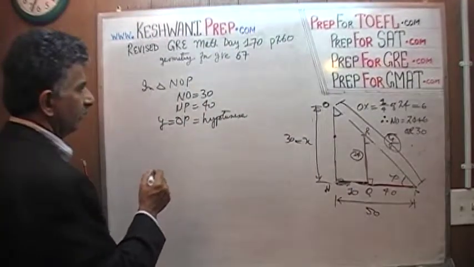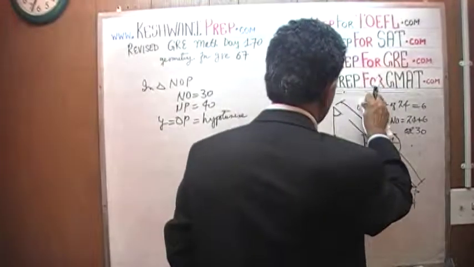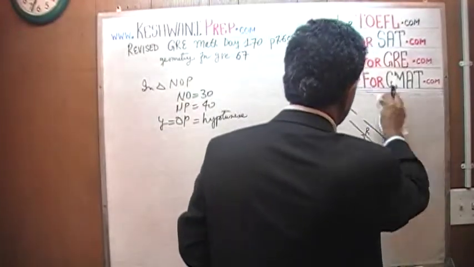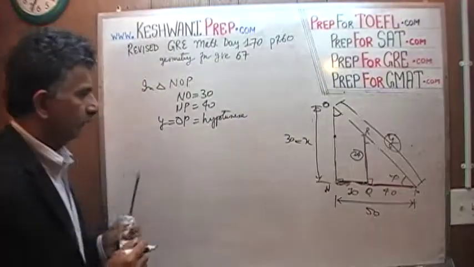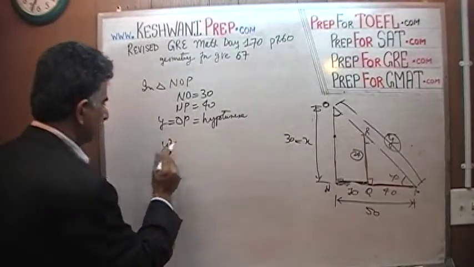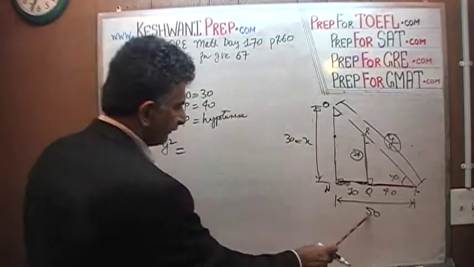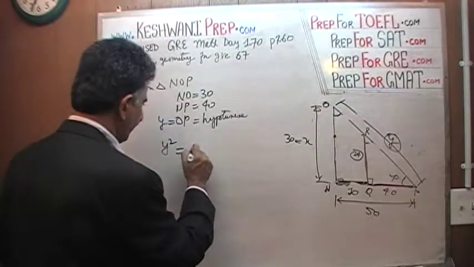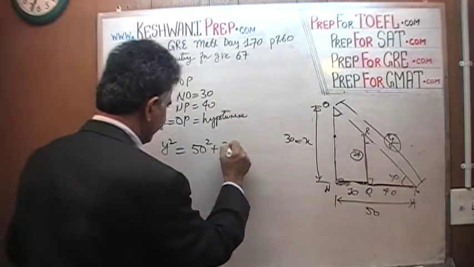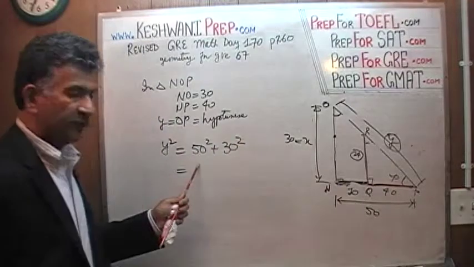We have to erase this thing because that was a different method, the previous method. So here, Y squared, the square of the hypotenuse, must equal the square of this side and the square of that side. How much is 50 squared?